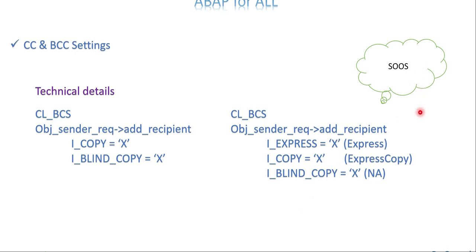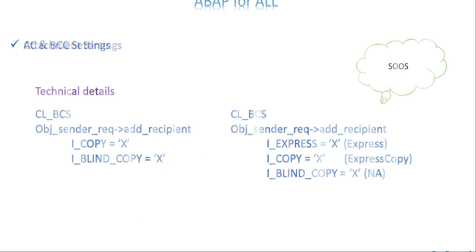In this table there is a column called blind copy, and it is updated as X if you send any email address in BCC. That is the place where you can reconfirm that there is an email address under the BCC column. So these are the technical details about how to put an email address in CC and BCC.